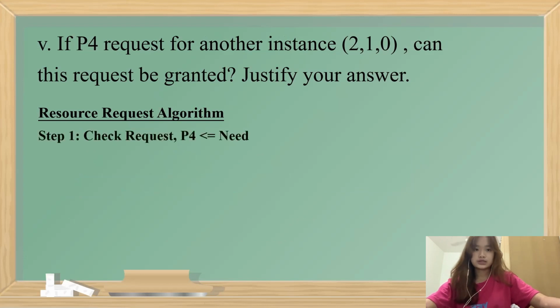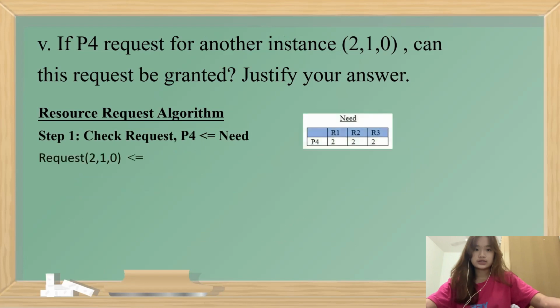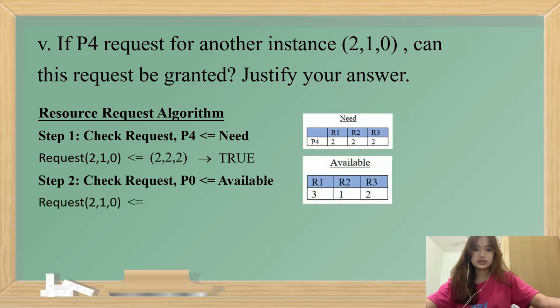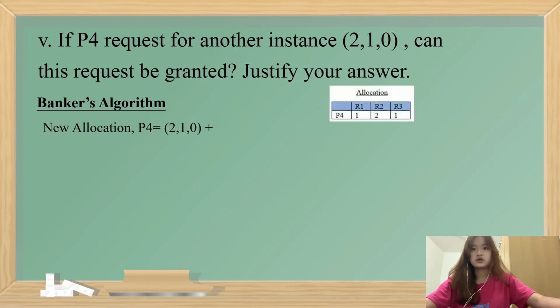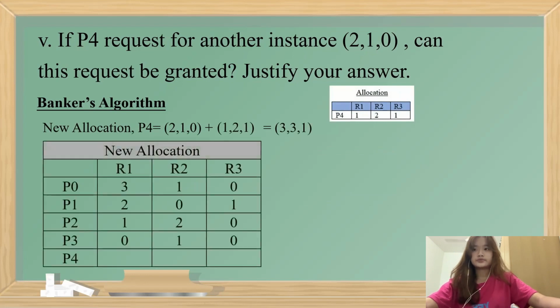Step 1, the request of P4, 2, 1, 0, plus allocation 1, 2, 1 will become 3, 3, 1.